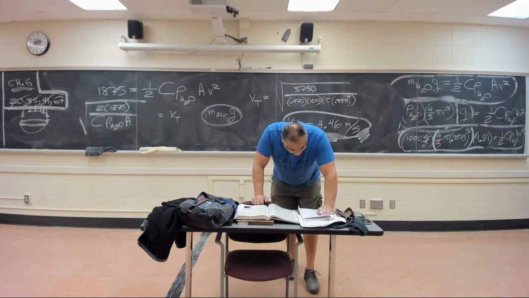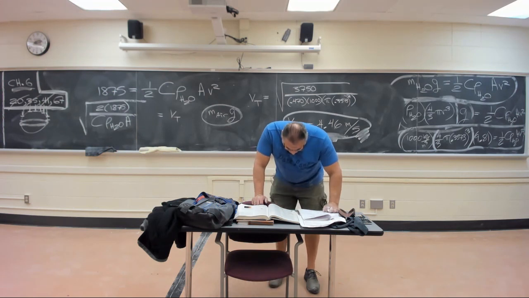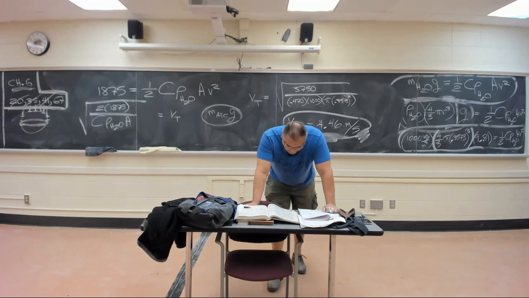For problem number 67, a block of mass capital M is placed on a frictionless plane. The plane is inclined at an angle theta, and the block is a distance d from its end. Of course, we would expect the block to slip down the plane. It's a frictionless plane, you guys. We expect it to slide down the plane.